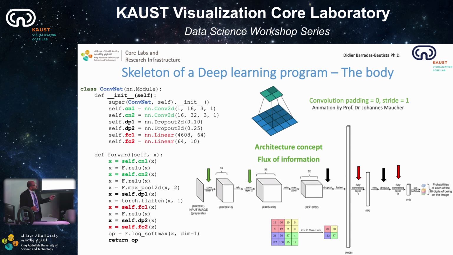Meaning you import first what you are going to use, the elements, and then comes the flux of information. In this case, the def forward starts like, okay, here's the convolution, this is in green. Then I apply a mathematical function, which is my loss function, then another convolution, and so on. This is why I put here these arrows in green and these parts here in red.